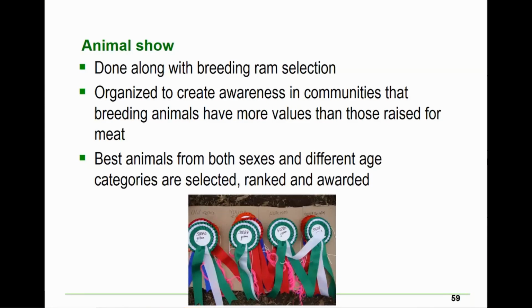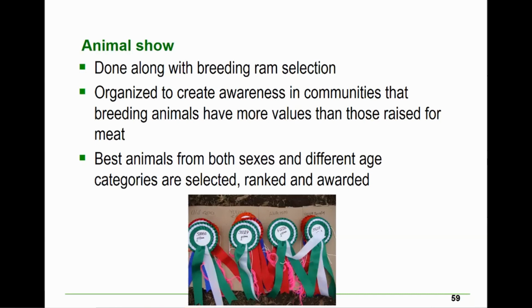At the selection events, or towards the end of the selection events, there were also animal shows organized, where the main purpose of these animal shows was to raise awareness that the animals that are selected for breeding are the best ones, and that they are more valuable than just any other animal that they use for slaughter or sale, because the offspring of these animals will likely produce more than the average animal that they have right now.